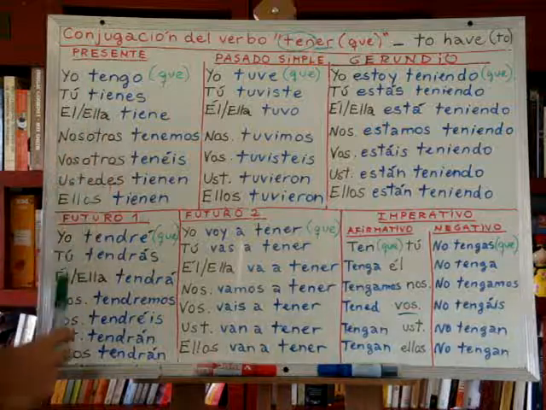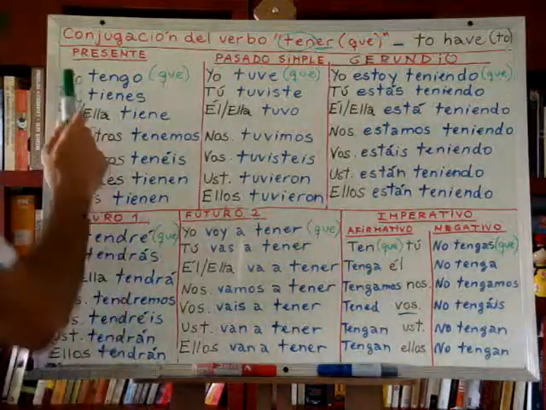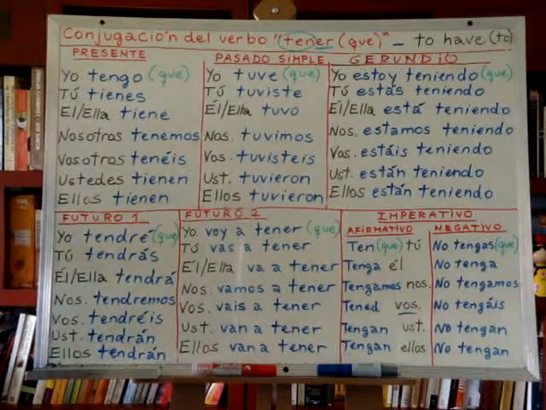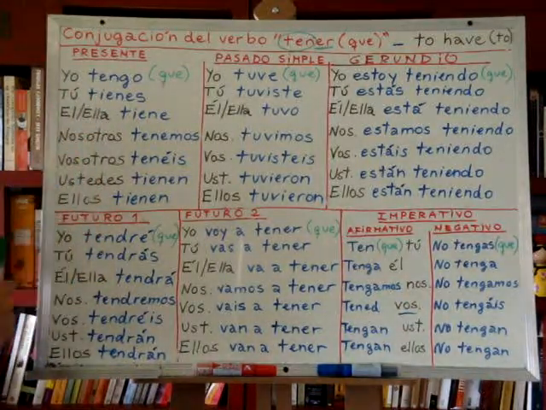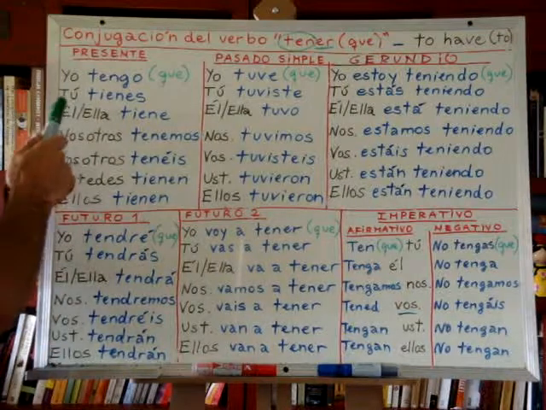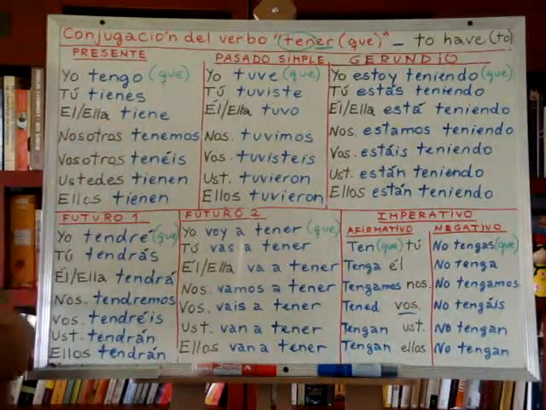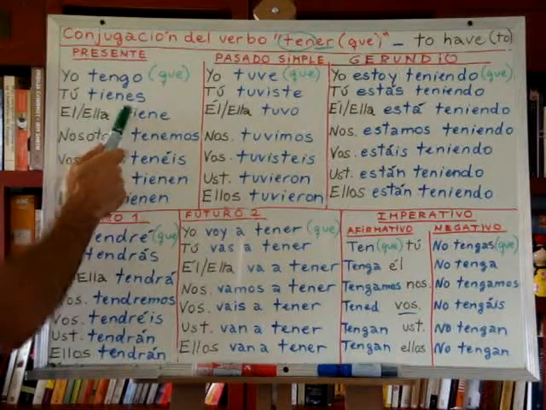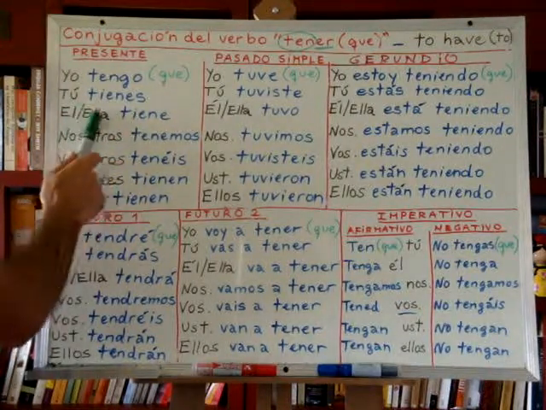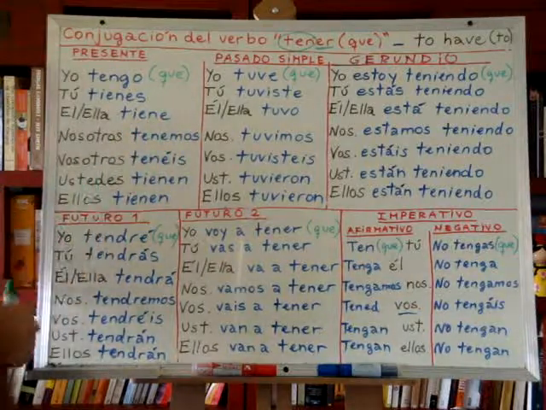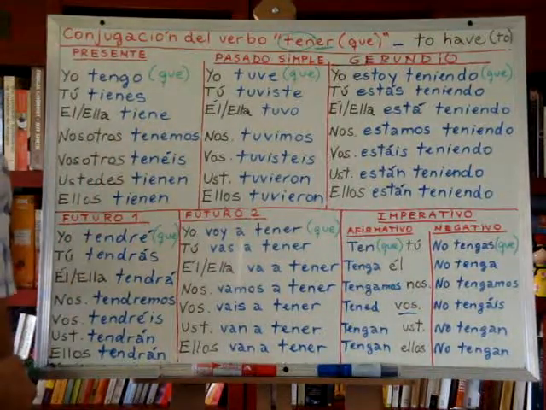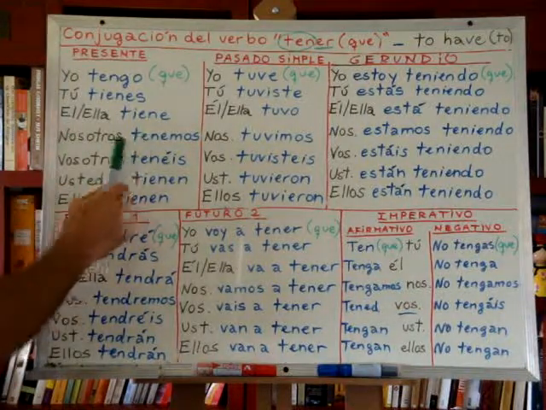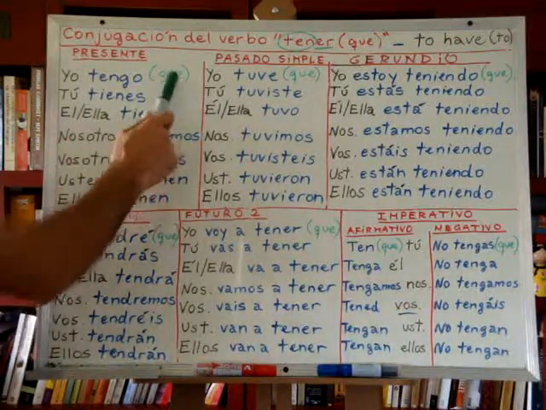Yo tengo, I have, or yo tengo que, I have to. Tú tienes, you have, or tú tienes que, you have to. Él or ella tiene, or él o ella tiene que. He or she has, or he, she has to. Nosotros tenemos, or nosotros tenemos que.